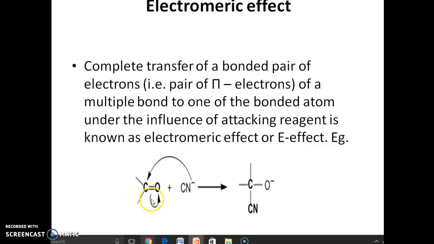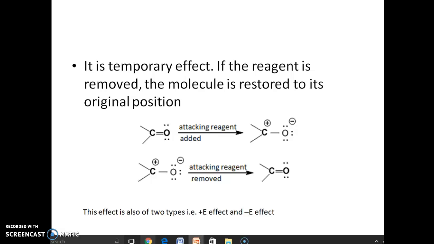The carbon is electron deficient, positively charged. So this is nothing but the transfer of the bonded pair of electrons of a multiple bond to one of the bonded atoms under the influence of an attacking reagent, called the electromeric effect or E effect. It is a temporary effect, because it lasts only as long as the attacking reagent is there.